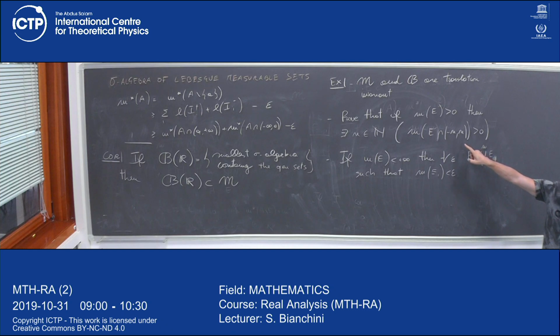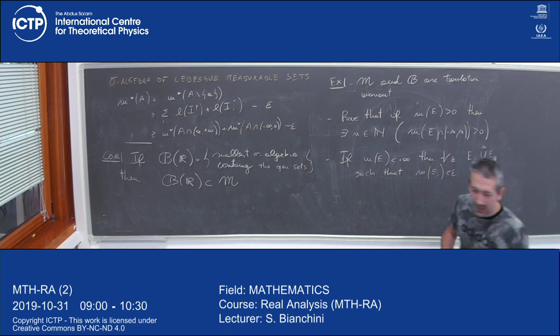Why should it be the case? The countable additivity. Because otherwise, if it is 0 for any n, it's 0 for any countably many pieces, from minus n to n, and then you add it in the real line. So the measure of E is 0. Okay.